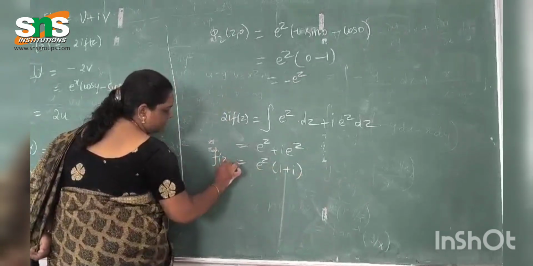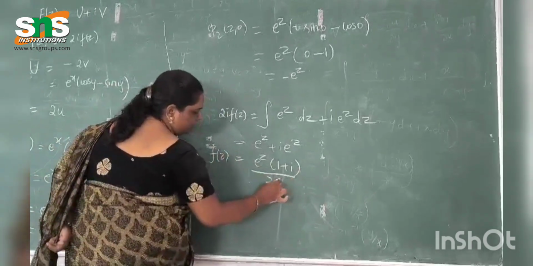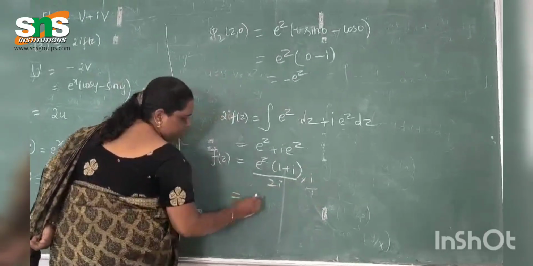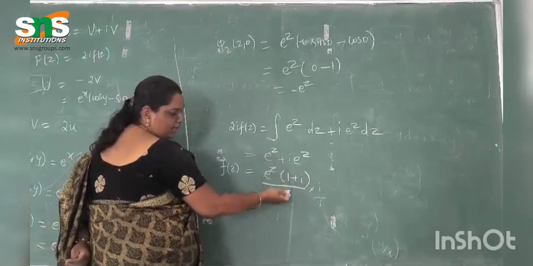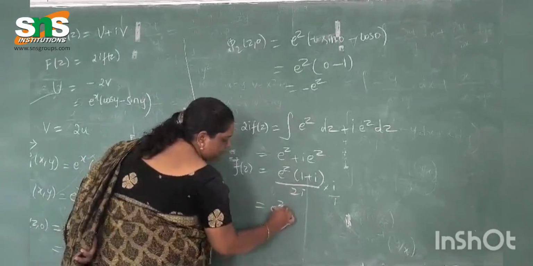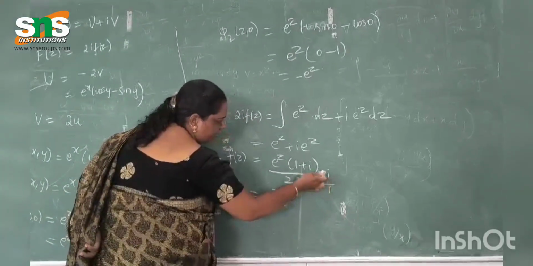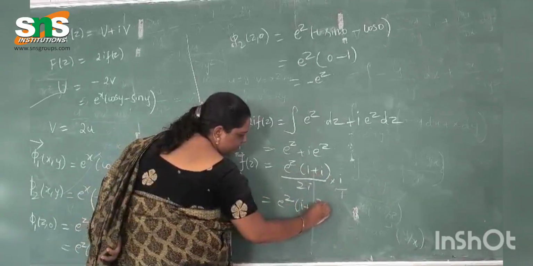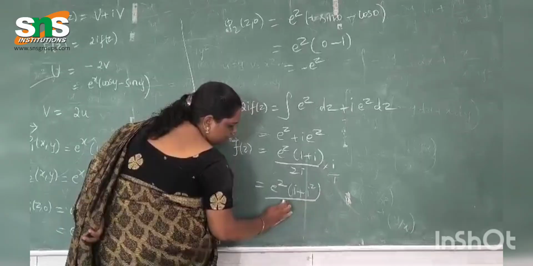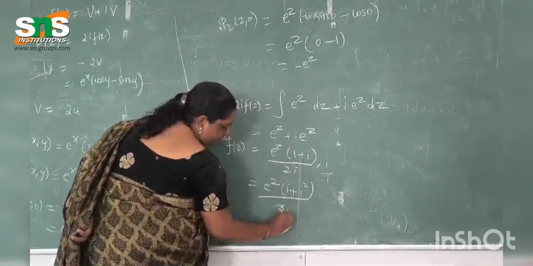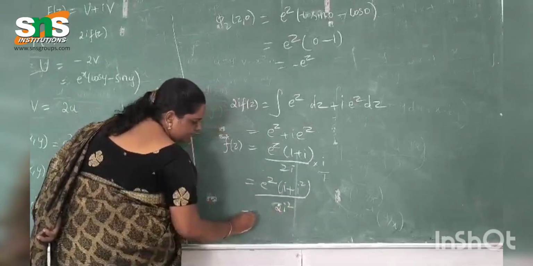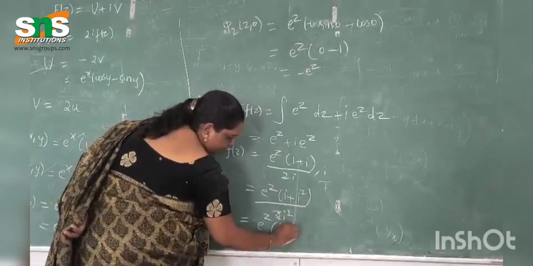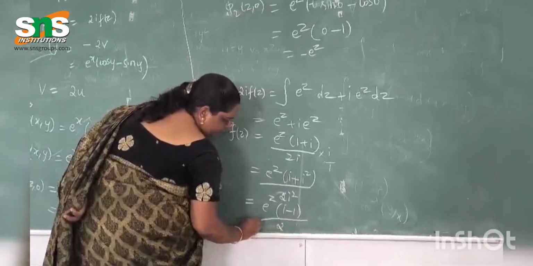Then f of z is the whole divided by 2i. The denominator should not be in i, so we multiply with i: e power z into i plus i square, the whole divided by 2 into i square. So i square gives minus 1, so e power z into i minus 1, the whole divided by minus 2.